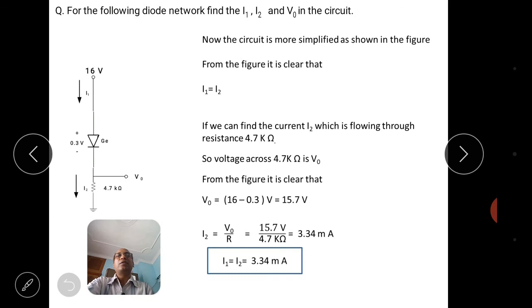That is, we get V0 as 16 minus 0.3, that is 15.7 volt. So I2 is equal to V0 upon R, which is 15.7 volt upon 4.7 kilo ohm, that is, we get 3.34 milliampere. It means I1 is equal to I2 is equal to 3.34 milliampere.